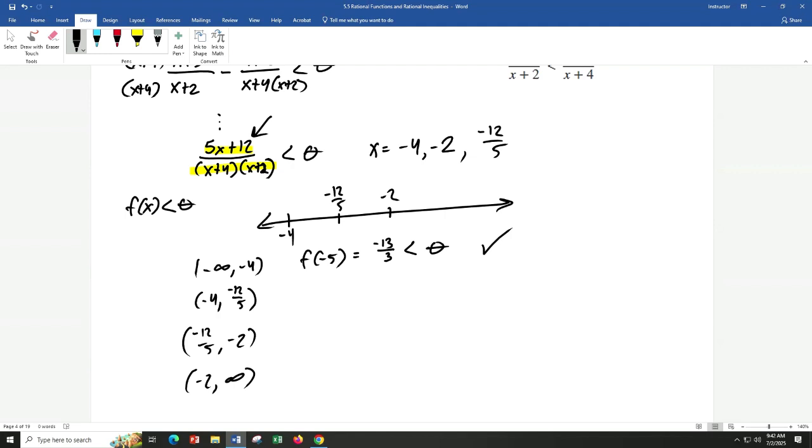So when you do the math, you're going to end up getting f of x is less than 0. Well, where? I know at -infinity to -4, but also at -12 over 5 to -2.